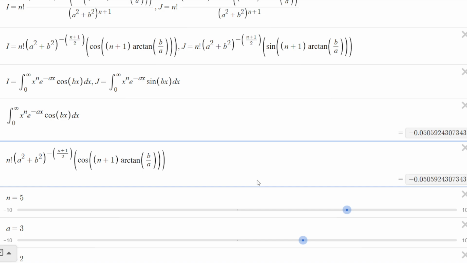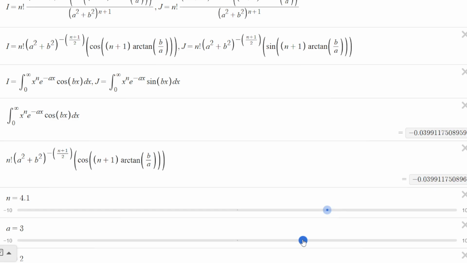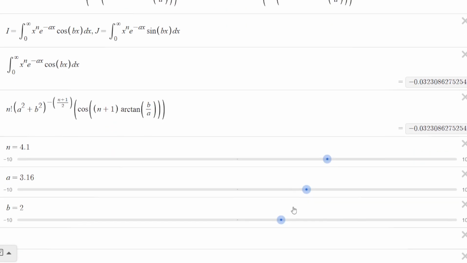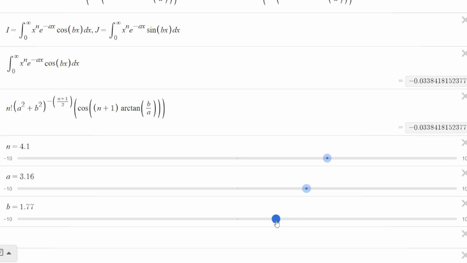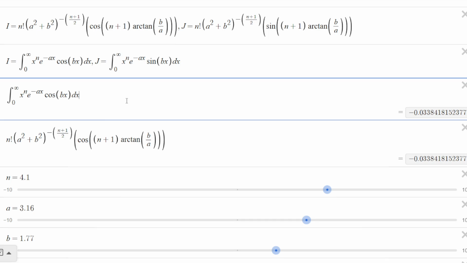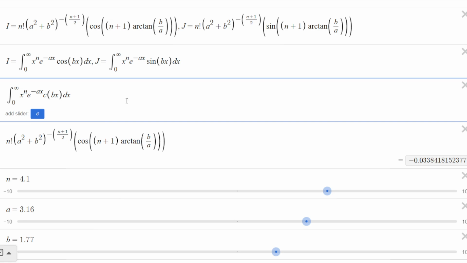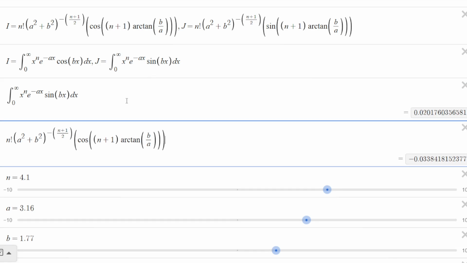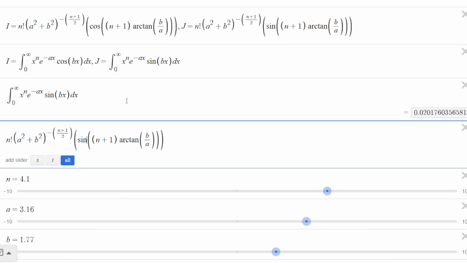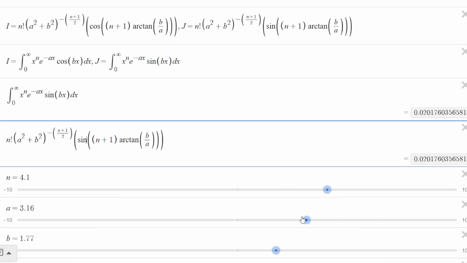Yeah, matches pretty well. Let's just take some different values. Yeah, it's holding together quite nicely there. And now let's see if it holds for the sine version. Should just replace this with a sine. Yeah.